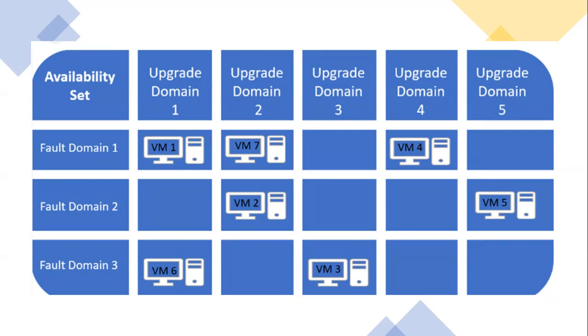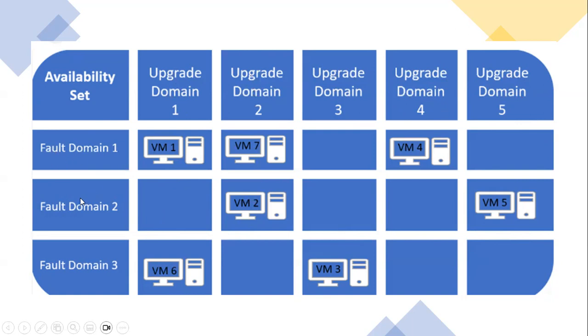So if update domain 1 goes for an update, meaning VM1 and VM6 are gone for update, then update domains 2, 3, 4 and 5 are available, meaning VM7, 2, 4, 3, 5 are all available. But say it's gone for an update and fault domain 1 goes down, then still you are having VM2 and VM5.